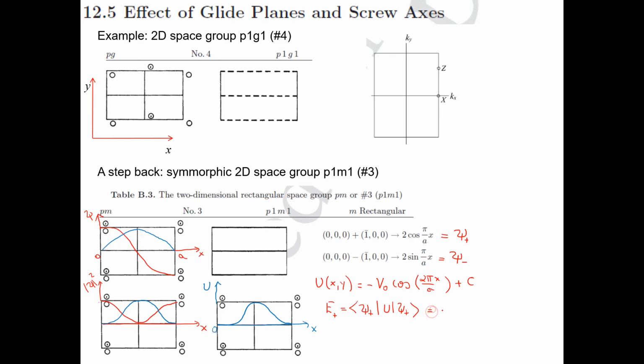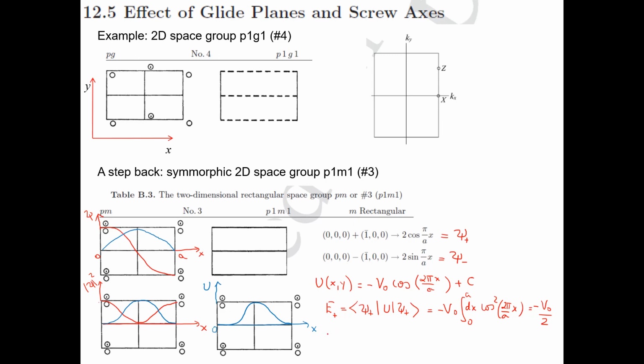So this is going to give me some number. You can integrate between 0 and a, the cosine square of 2 pi over a x, and this is going to give me some number minus v0 over 2, and again the y coordinate is completely irrelevant in this problem.